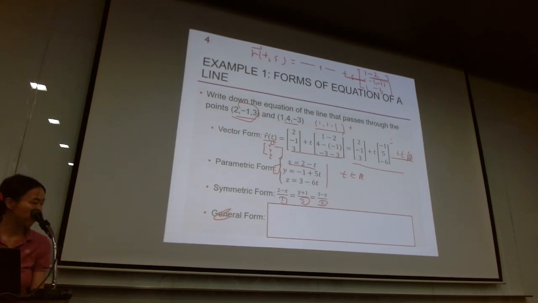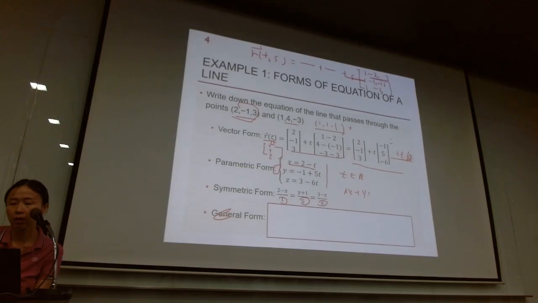Tell me, the general form is ax plus by plus cz equal to d.